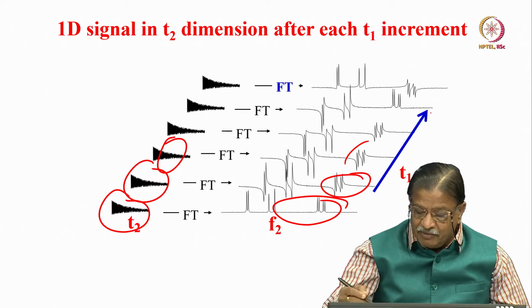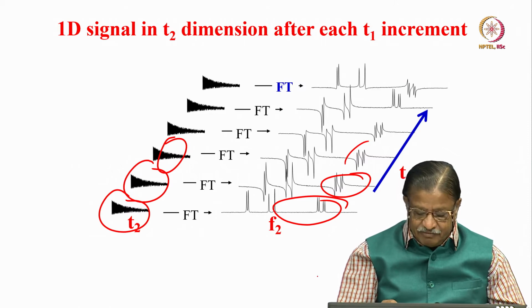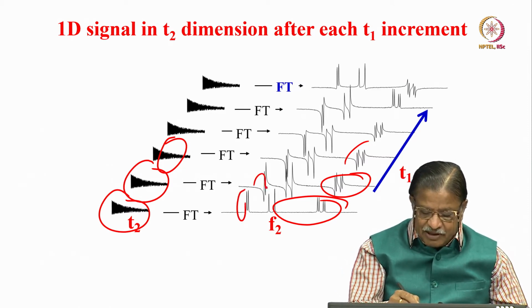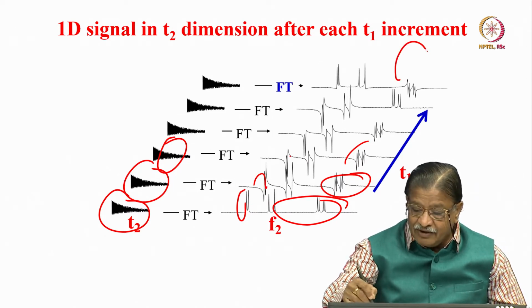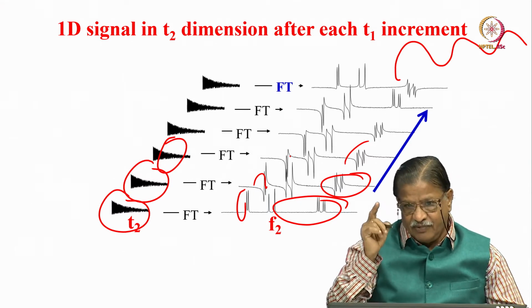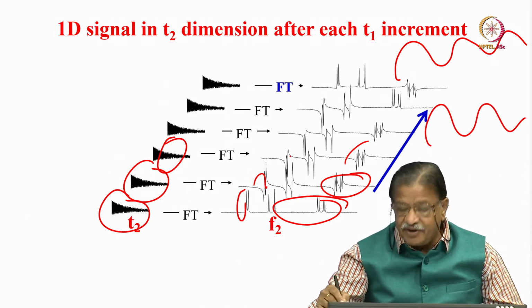As I keep on incrementing T1, I get the spectra like this. Now you can see that intensity is positive here, becomes mixed phase, goes negative, and comes back again. So it creates an oscillatory function, the intensity undergoes oscillation. See, that is the important thing. Intensity is oscillating and behaving like a free induction decay.